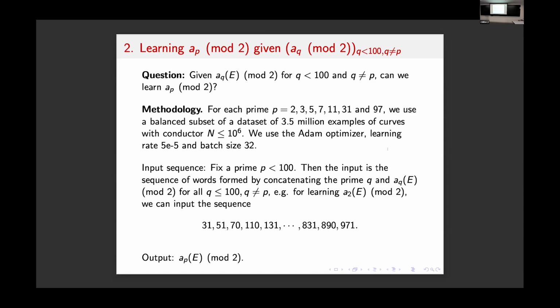So you're just giving it a series of numbers which are 10p plus a_p? Sorry, can you say that again? So you're just multiplying p by 10 and adding a_p? Yes, it is a_p mod 2. It's just a different code. I suppose, but then the program has to discover that there's a factor of 10 in there, not part of the math.